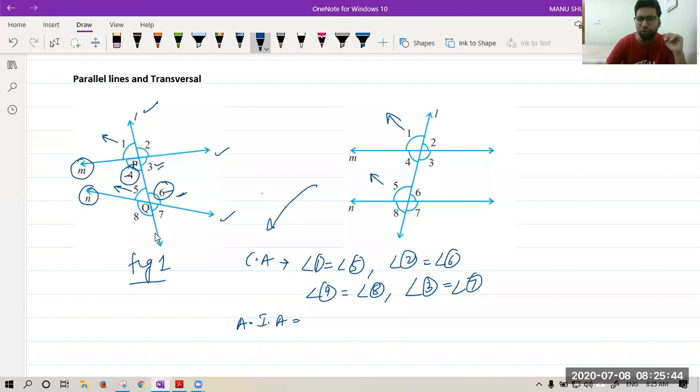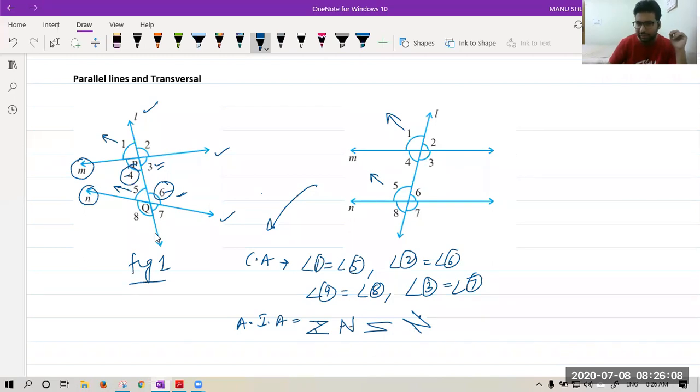So let's see. For alternate interior angles we have to look for a Z, like this or this or this. Whenever you find these kinds of shapes, Z in any shape, one thing should be there: these two lines should be parallel. In all these cases, the angles coming inside, these two angles will be equal.